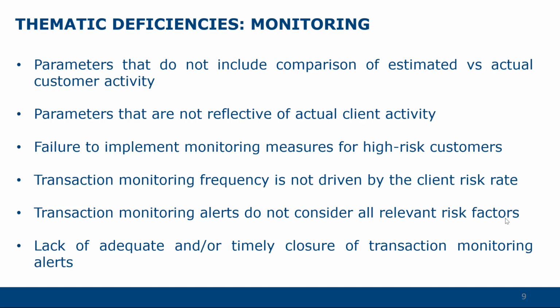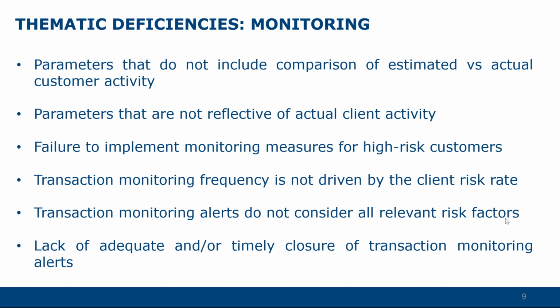Banks and TCSPs should ensure that as part of their monitoring, they are able to compare the estimated activity and the actual customer activity for any unusual or unexpected changes in the customer activity.